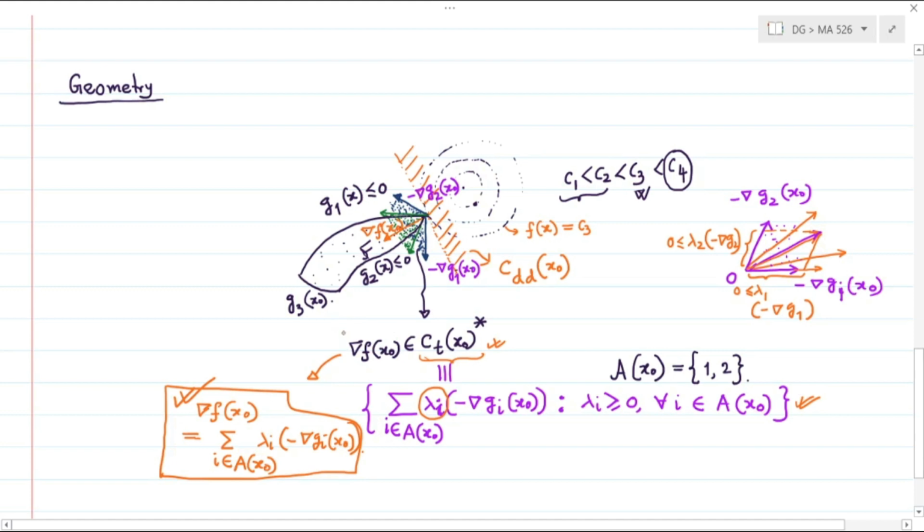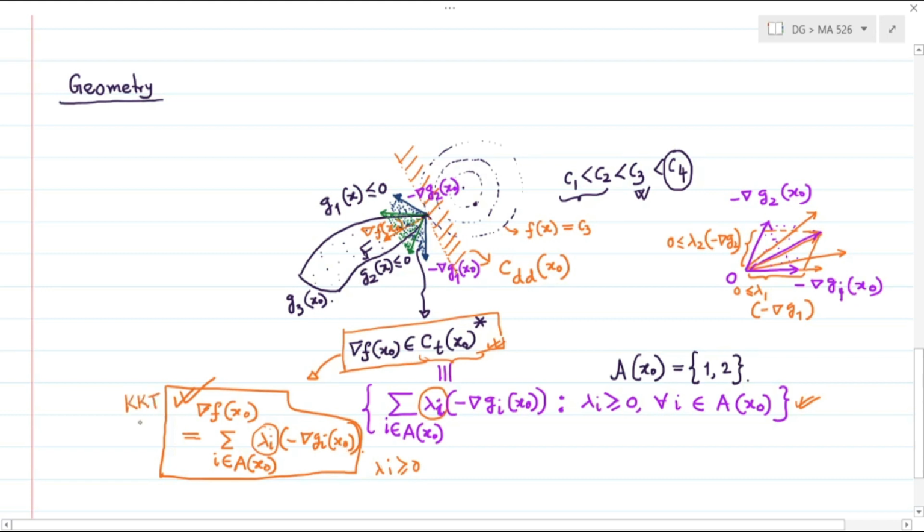And accordingly, from this optimality condition, grad f(x naught) belongs to the dual of the tangent cone. This gives us that grad f(x naught) at the optimum point x naught must be equal to the summation of lambda_i times minus grad g_i(x naught), such that grad f is a positive linear combination of the minus of grad g_i. Loosely, this is your KKT optimality condition.